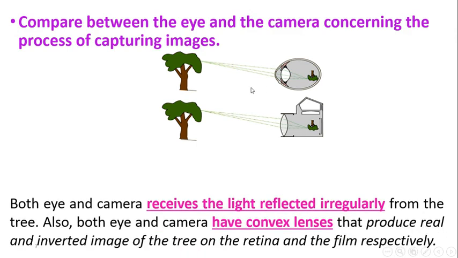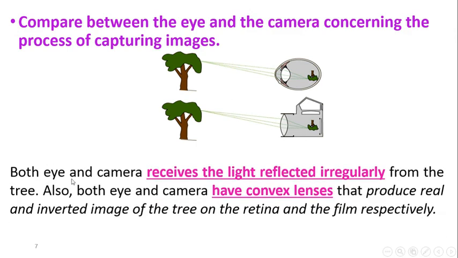Okay, let's start comparing. Both eye and camera receive the light reflected irregularly from the tree. What's the meaning of this sentence? Both receive light reflected irregularly. This means that the camera cannot capture the air. We cannot see the air, for example, but we can see objects like the tree, opaque objects that reflect light irregularly.